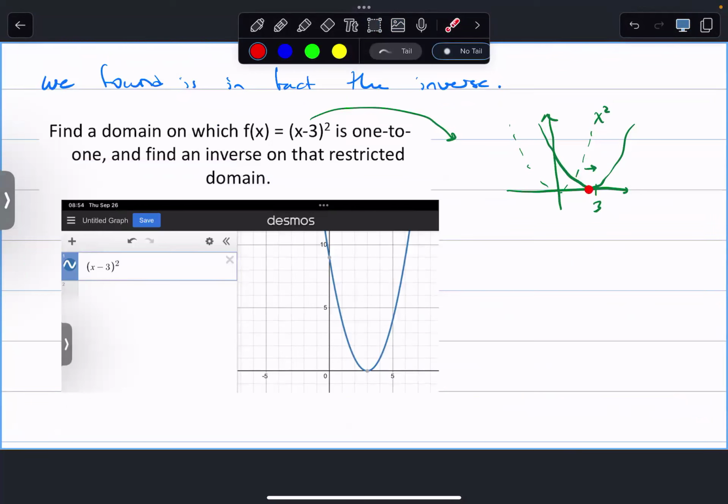So we need to be able to figure out what the graph looks like without the graphing tool. I'm not going to go crazy, right? It'll be something like x squared that's been manipulated a tiny, tiny bit.